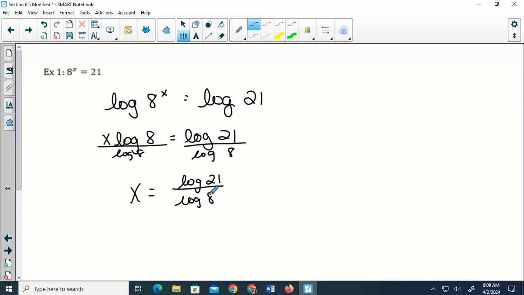If I asked you to give me the decimal approximation on this, then we would go to our calculator. And what does that give us?